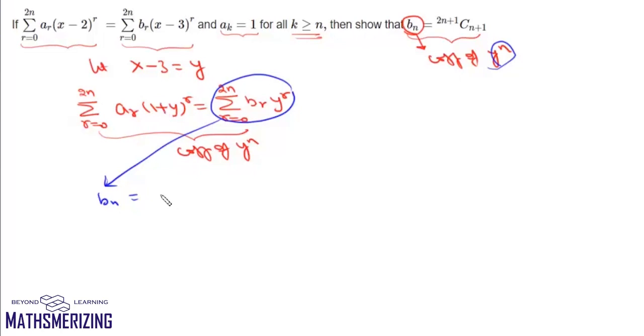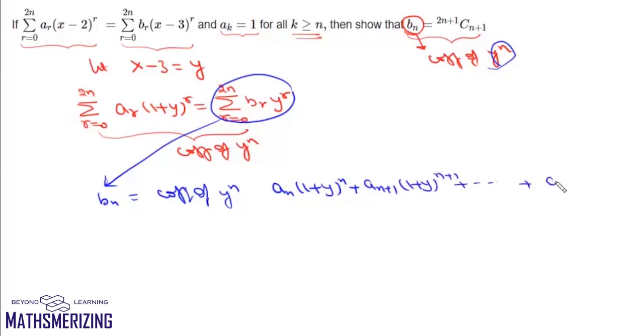So that means I'll get the coefficient of y to the power n from an 1 plus y to the power n, an plus 1, 1 plus y to the power n plus 1, and it goes on up to a 2n and 1 plus y to the power 2n. Now in the question it also says ak is equal to 1 for all k greater than or equal to n. So that means we need to find the coefficient of y to the power n.